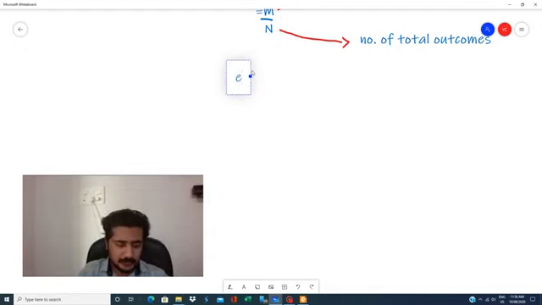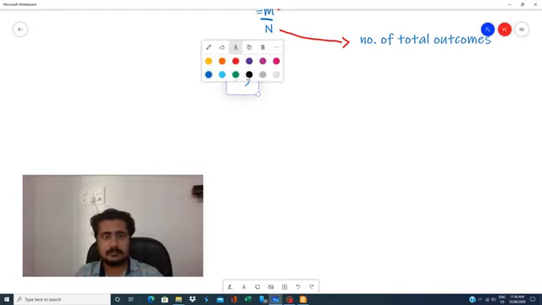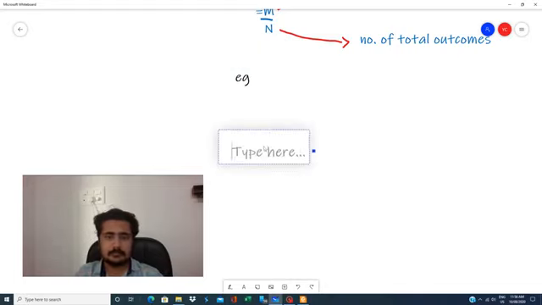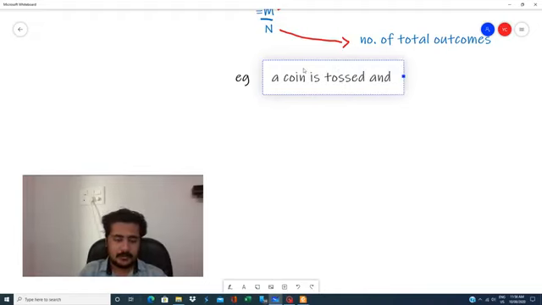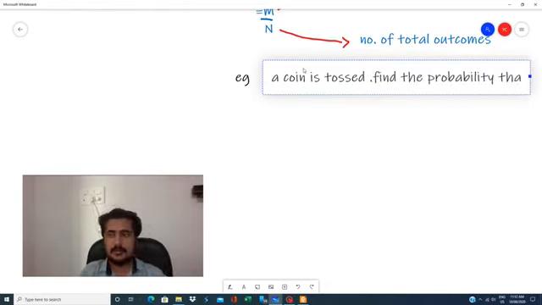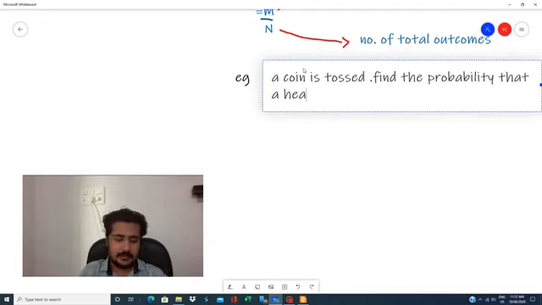Suppose, let's take an example. A coin is tossed and you are asked to find the probability that head is obtained.